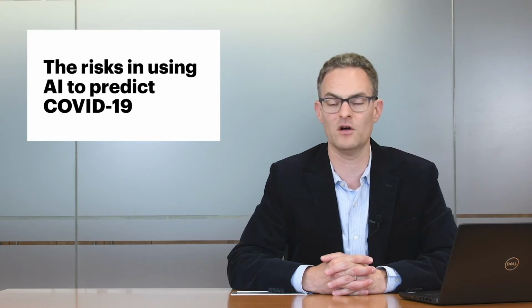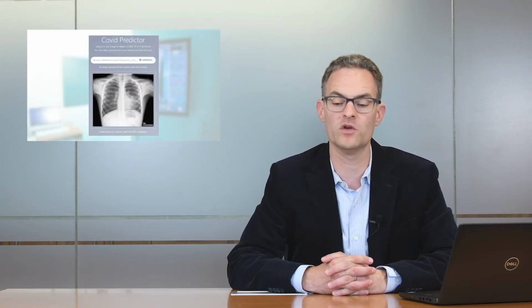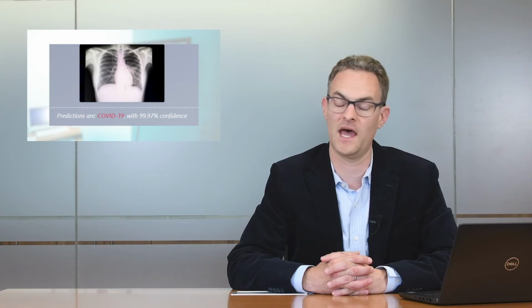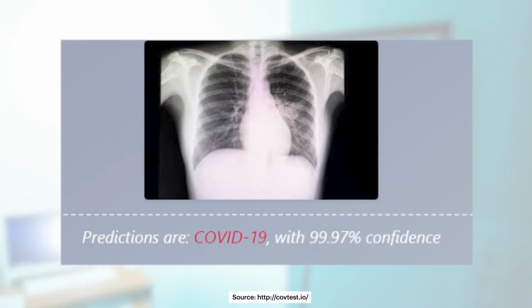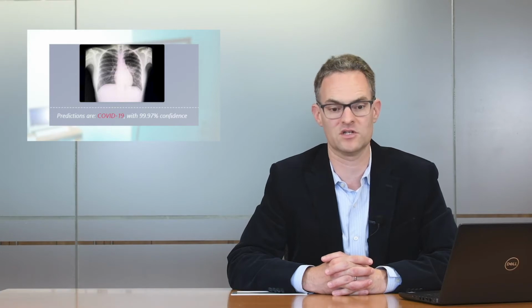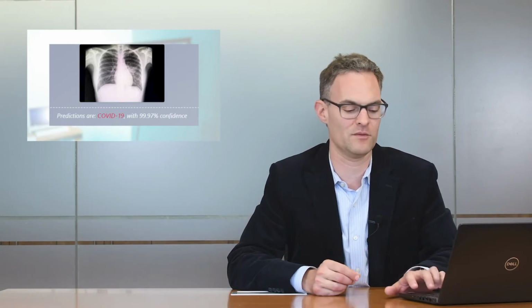This is an example of one such tool that's online, where you can upload a picture of an X-ray and it'll tell you how confident it is. In this case, it says the X-ray shown is COVID-19 with 99.97% confidence. Unfortunately, these algorithms are very biased towards the training data, and they tend to have a high false alarm rate. You know what I did when I saw this, right?